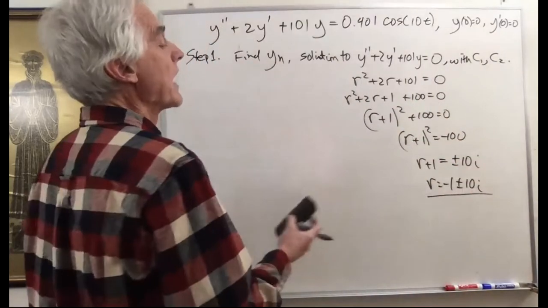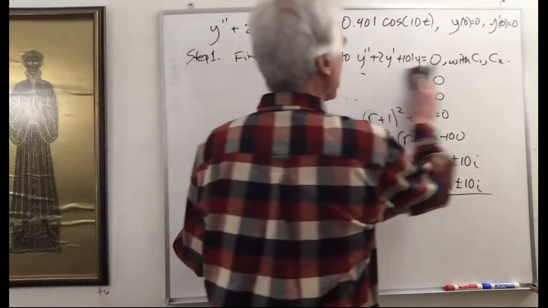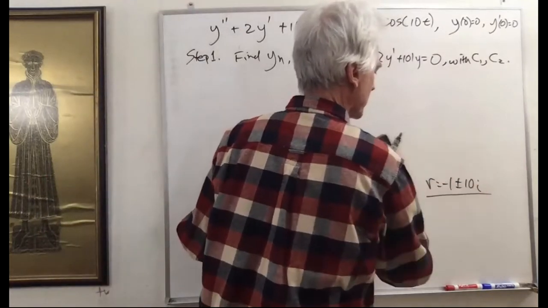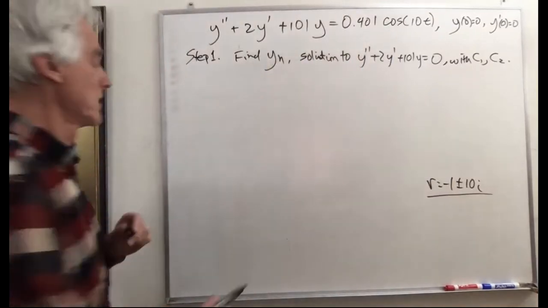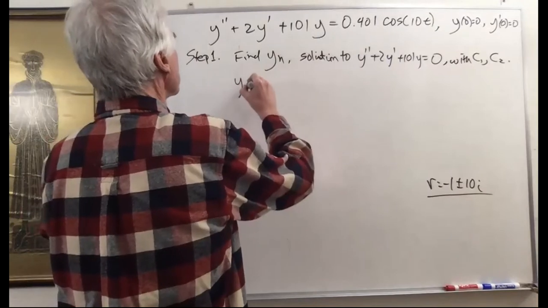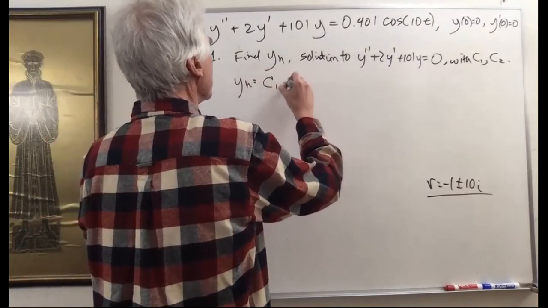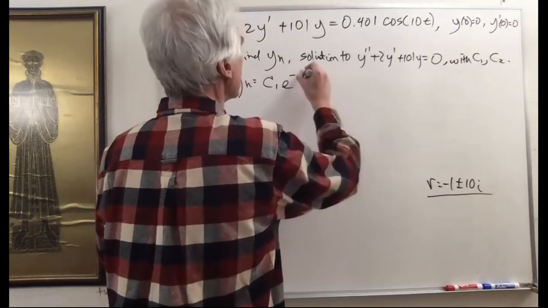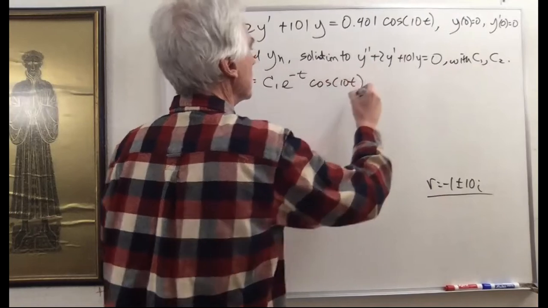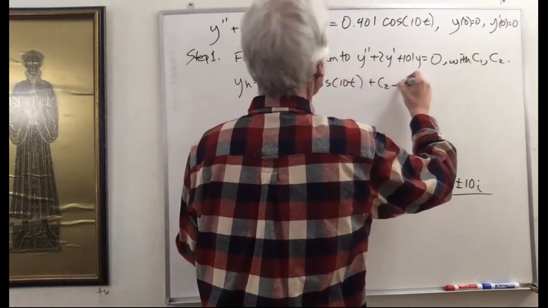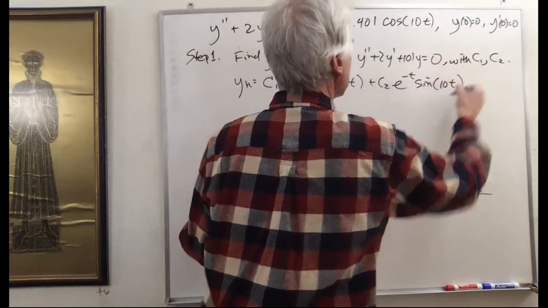Okay. And if you get fractions here in your web work problem, you have different numbers than I do, but you screwed up if you got fractions, so check your algebra. So we get YH is C1 e to the minus t times cos 10t, plus C2 e to the minus t sine 10t.